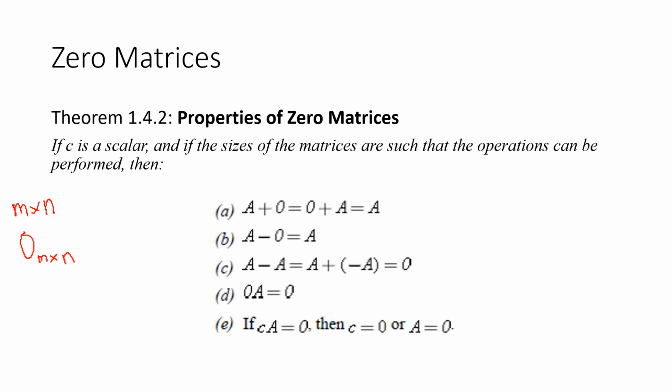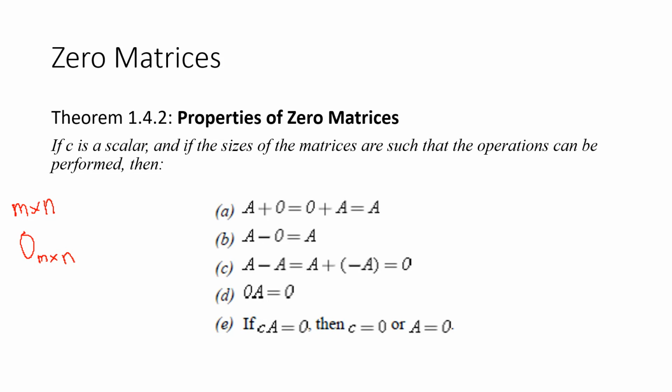Remember, any number added to 0 is equal to itself. So we have the following theorem listing the basic properties of zero matrices. Since the results should be self-evident, we are going to omit the formal proofs.